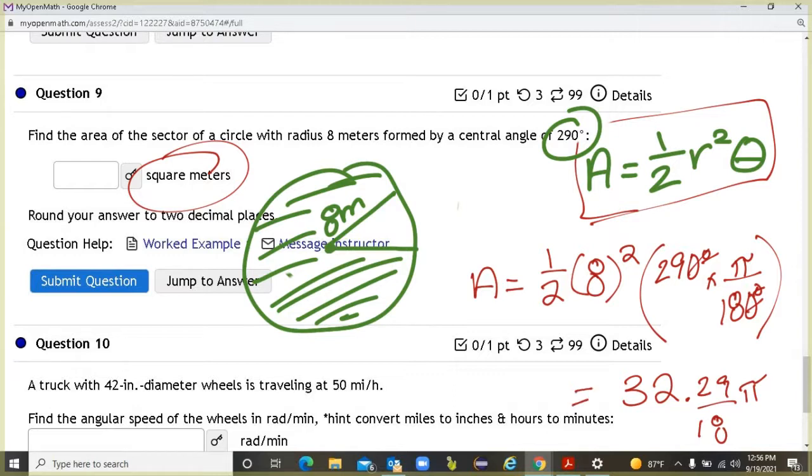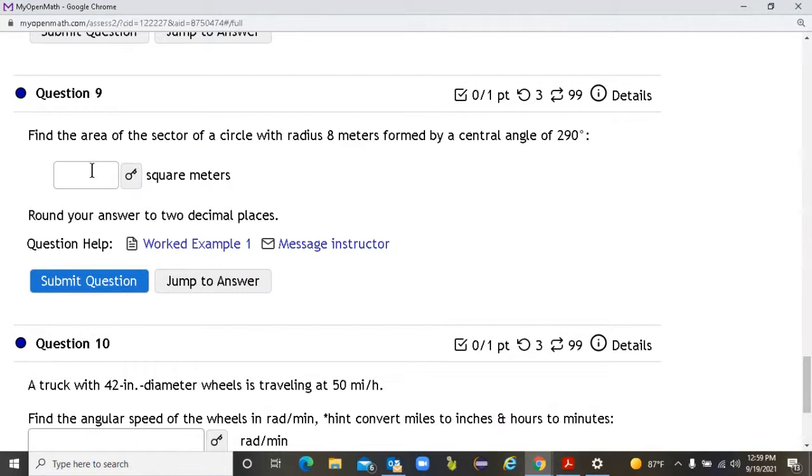Okay, so this is 464 pi over 9. So there's our actual answer, 464 pi over 9, and that's in square meters. I'm going to put it in that way just to see how it feels about it.